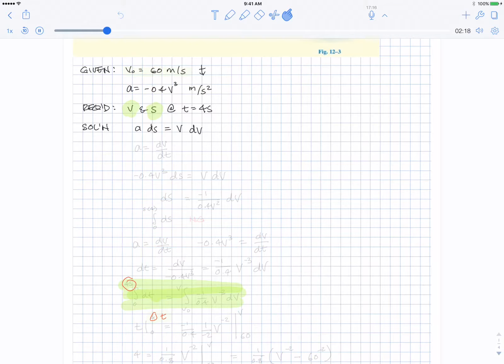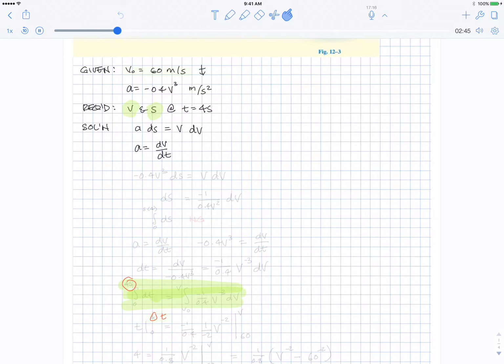Okay, well, we do need to know time is 4 seconds, so maybe we should also use a equals dv dt. Okay, so let's try that. So first of all, let's try the first one and see what happens.